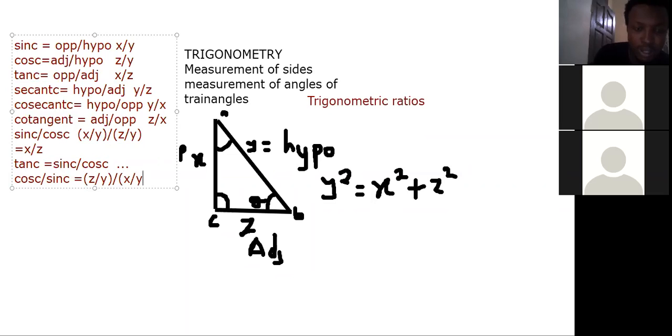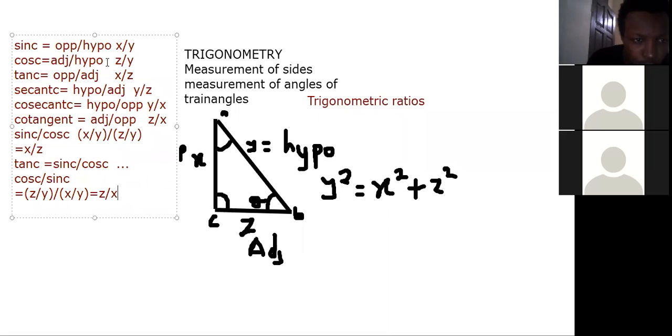So x all over y. Looking at this, we can also do some deductions, can't we? Yes, sir. So after doing the deduction, what are we going to get? Z all over x. So this is also equal to z all over x.